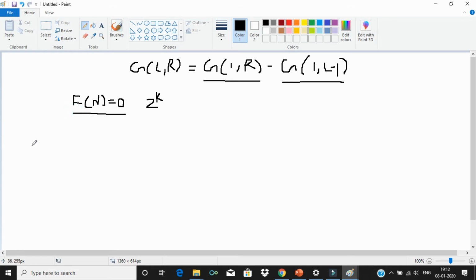We will compensate for this value later. Now we will further define f dash of n to be another value, which is actually nothing but the value of a instead of the value of b.